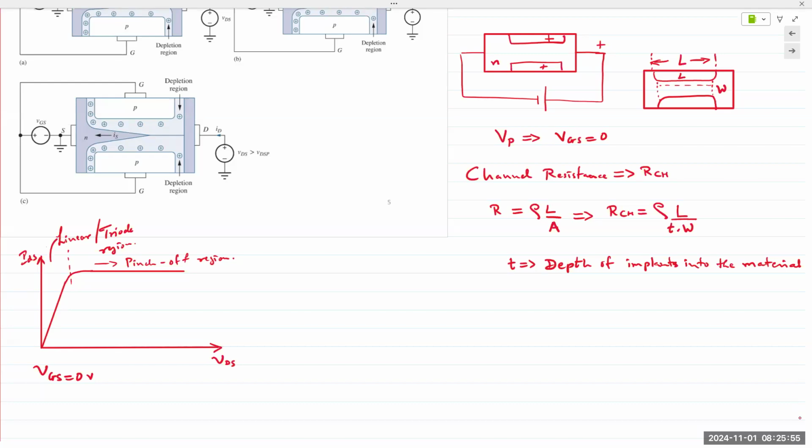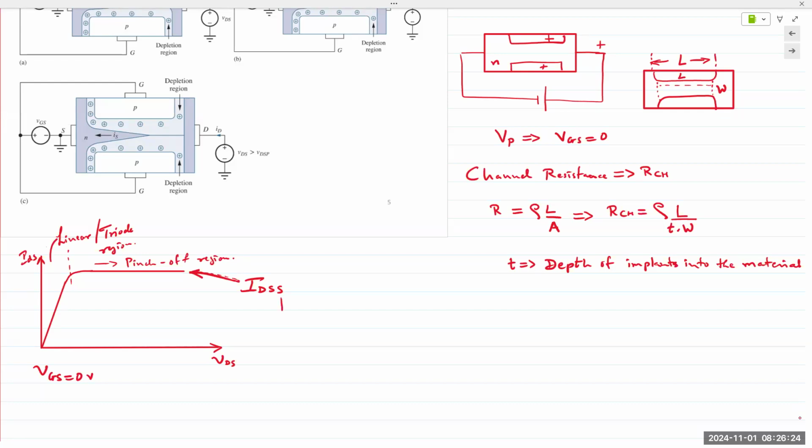And here's one of the most important terms, the value of ID. The value of ID here when VGS is equal to 0 is known as IDSS. It is the drain to source current when VGS is equal to 0, or with the gate source shorted.